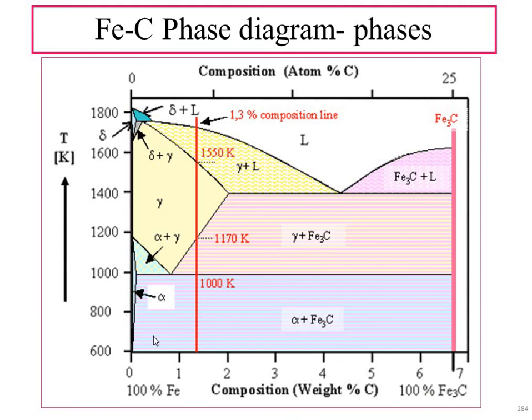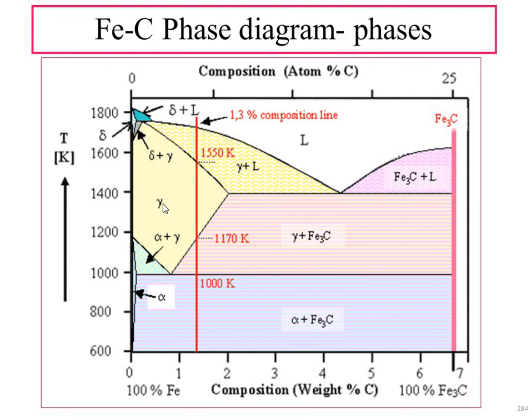The major phases are alpha, Fe3C, gamma, liquid, and delta. The intermediate phases are delta plus L, delta plus gamma, gamma plus L, and Fe3C plus L.